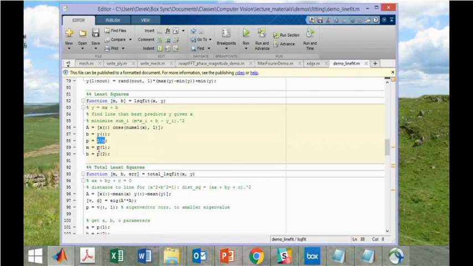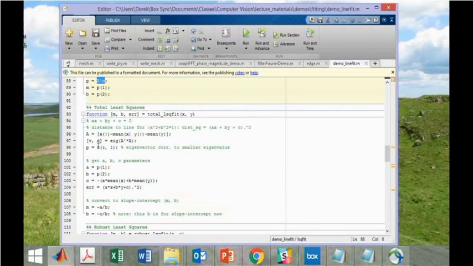Total least squares, the second method that we talked about, is just a different coefficient matrix. Again, it's the x column minus the mean of x, and the y column minus the mean of y. I compute the eigenvectors and eigenvalues of A transpose A, and the eigenvector I want is the one that corresponds to the smaller eigenvalue, which is the first one that it spits out.